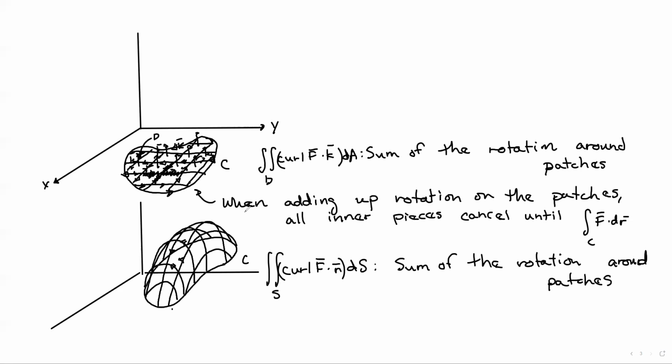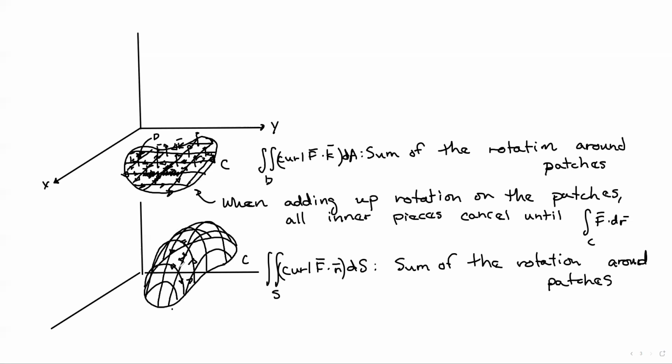And just like above, this double integral individually adds up the rotation around these patches, but it's not thinking about what happens when you do them collectively. If you do that, similar to our Green's theorem example, if we take this patch that's next to it and add up the rotation on that patch, what happens?